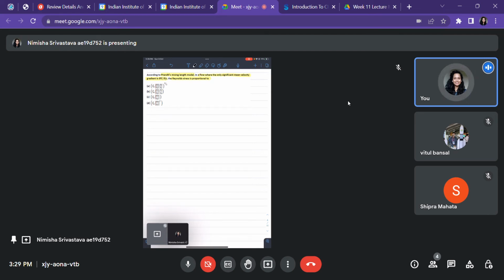So basically, the Reynolds stress is proportional to this value. Reynolds stresses in general are proportional to the velocity gradients, and here we are told that the only significant mean velocity gradient is du by dy. So it is actually proportional to the square of du by dy, which I can see over here. And yeah, that makes sense to me.